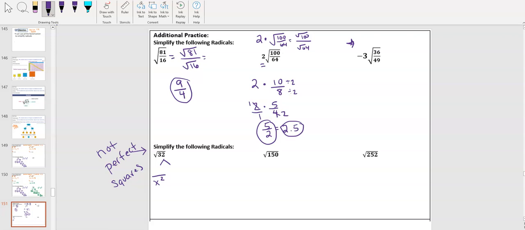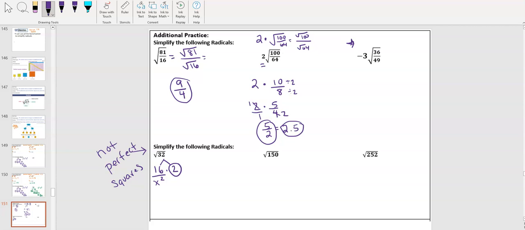So I'm going to think of 2 numbers that multiply together to make 32, and one of them is a perfect square. So we're going to go ahead and do 16 times 2. 2 is prime. 16 is a perfect square. Okay? It doesn't really matter that 2 is prime. I'm just kind of pointing that out for you. But 16 is a perfect square.